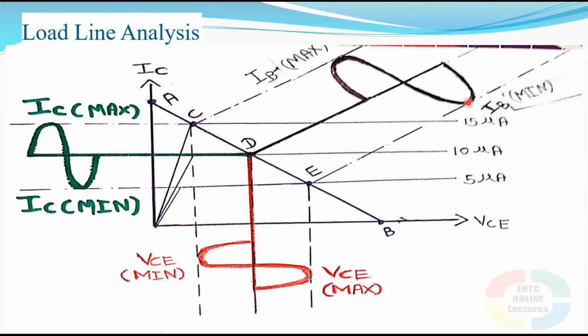When the IB current decreases up to IB minimum, IC also decreases up to IC minimum and VCE increases up to VCE maximum, and we get point E. The Q point is shifted to point E, and we get IB minimum, IC minimum and VCE maximum.